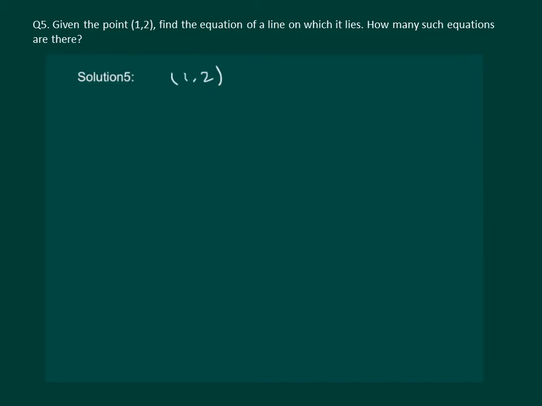One example of such a linear equation is x plus y equal to 3, since 1 plus 2 is equal to 3. Another equation can be y minus x equal to 1, since 2 minus 1 equal to 1.